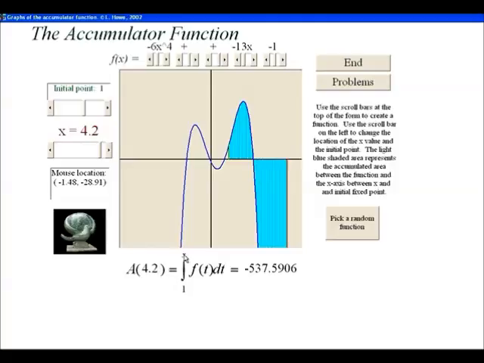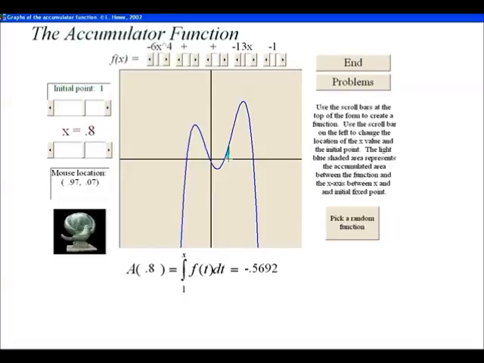Now, this gets really complicated, and the reason why I felt like I had to write this program is watch what happens here. When we accumulate area and we go from 1 to like 0, look, we're above the x-axis, but the area is negative.